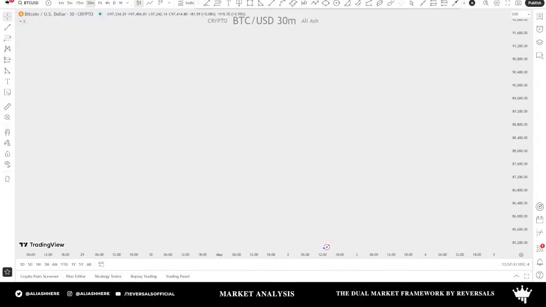Now the third is entry on the retest. So here we have turtle soup, then we have waiting for the fake out, then third on the retest. So here you'll put your positions.